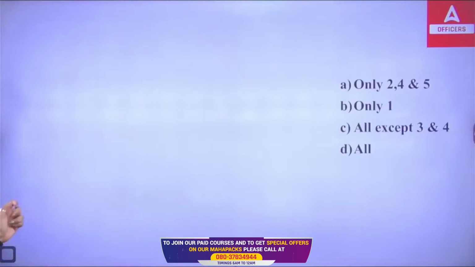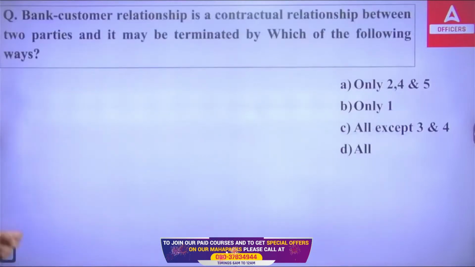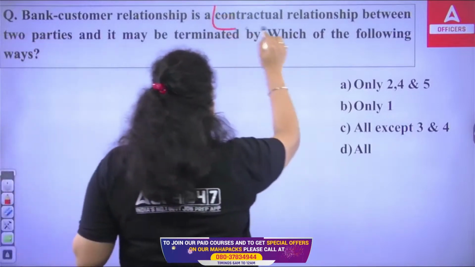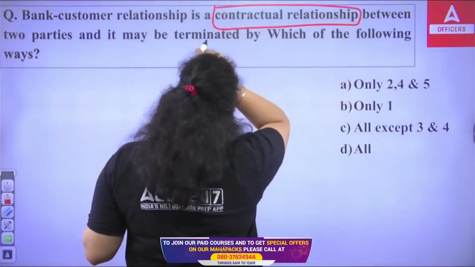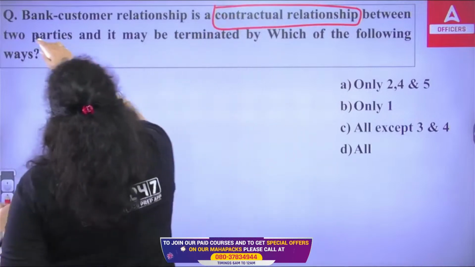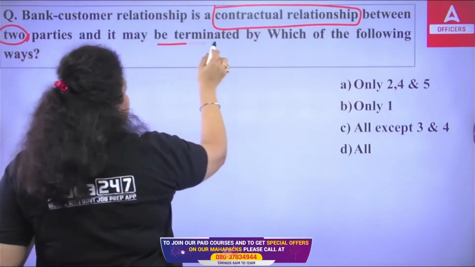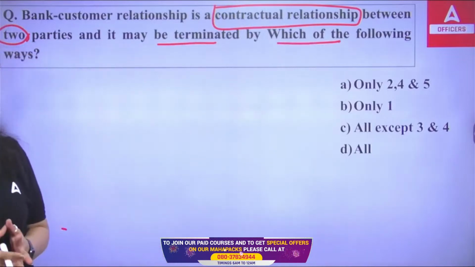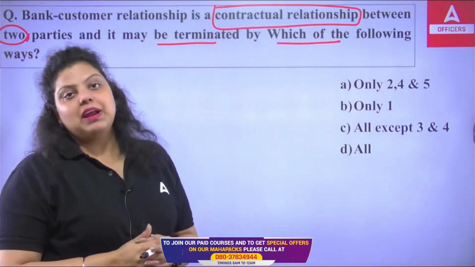Okay, next question. Now, the bank customer relationship is what? It's a contractual relationship between two parties, and it may be terminated by which of the following ways. So every time a bank and customer have a relation, that's a contractual relationship.